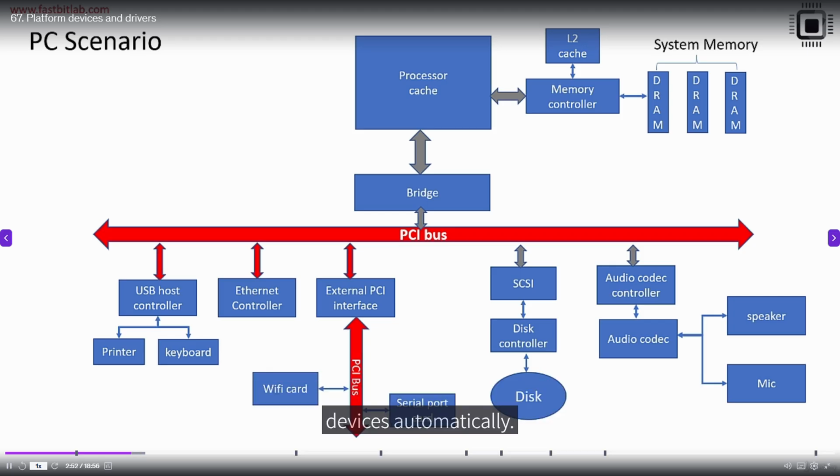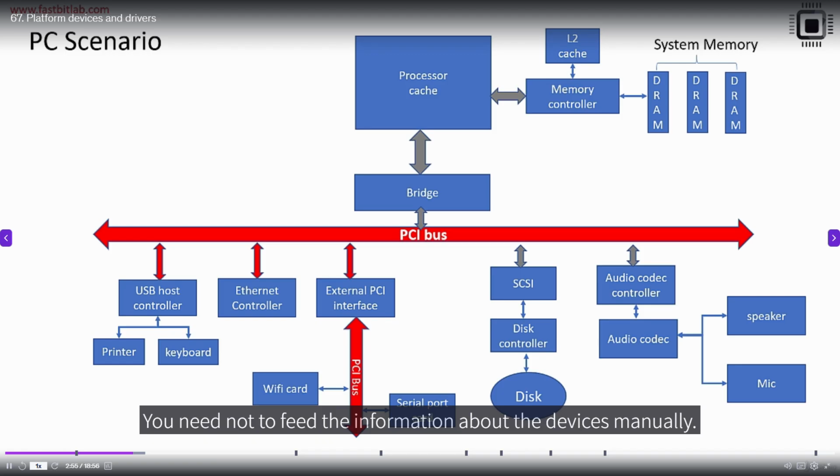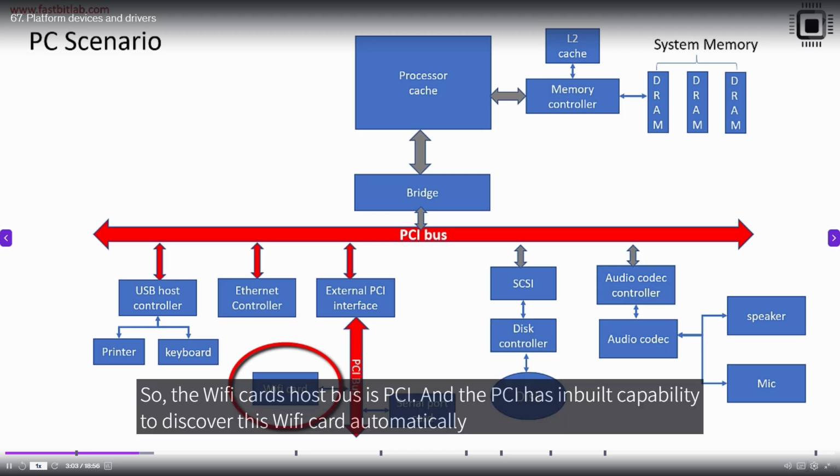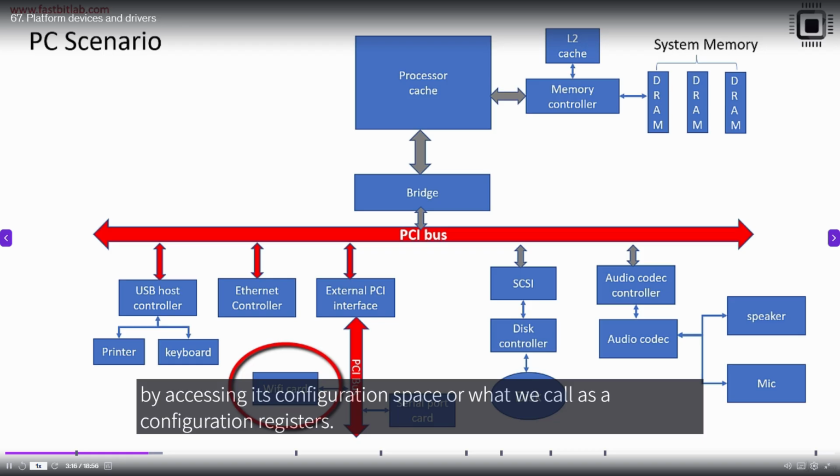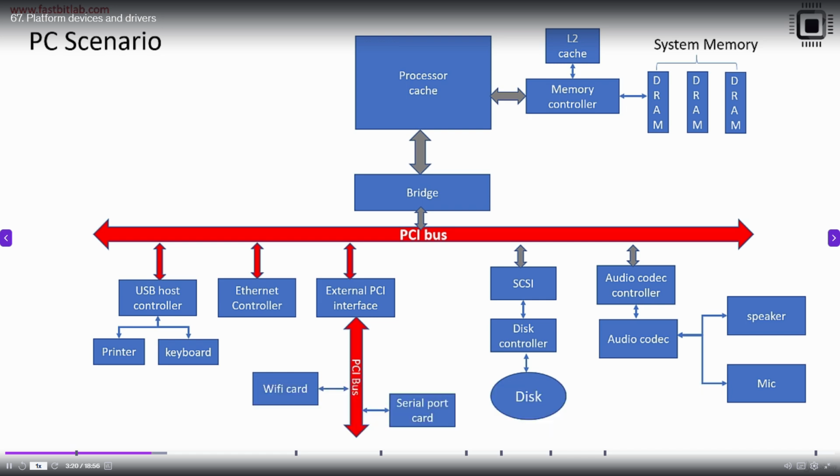The devices are discovered automatically. You need not feed the information about the devices manually. For example, here the Wi-Fi card is connected to the PCI bus, right? So the Wi-Fi card's host bus is PCI, and PCI has inbuilt capability to discover this Wi-Fi card automatically by accessing its configuration space, or what we call configuration registers.